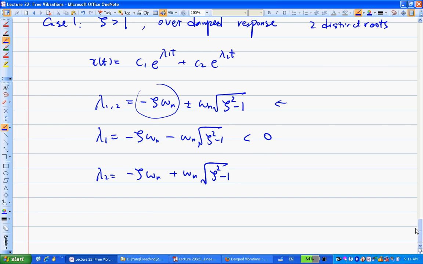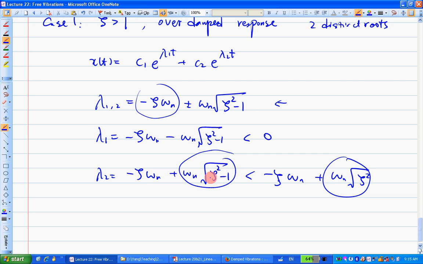So that means the second term, if I don't change the first one, must be less than this one. You see that, right? So this term must be less than this term. Why? Because I don't have minus 1 here, and this has minus 1 here, right?